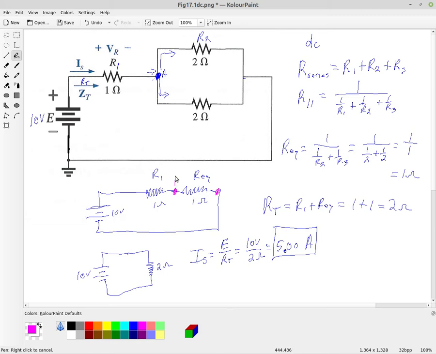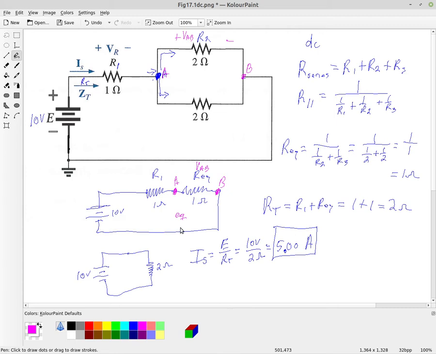So this is point A here, and we'll call this point B. Then if we look at this equivalent circuit down here, there's my point A and my point B. So we can calculate the voltage drop, VAB, which, since these are equivalent, is going to be the same voltage drop over here.